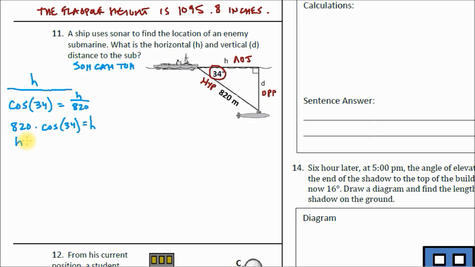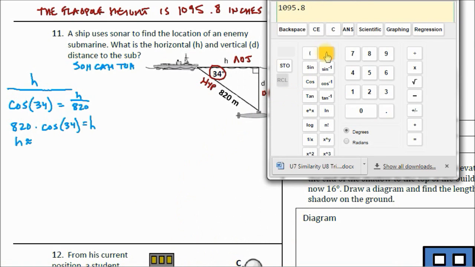Let's put that in our calculator, and you will see H is approximately 820 times cosine of 34. And our number is 679.81. Let's check that one more time. 679.81. I'm going to verify this because something's not matching. 820 times cosine of 34.